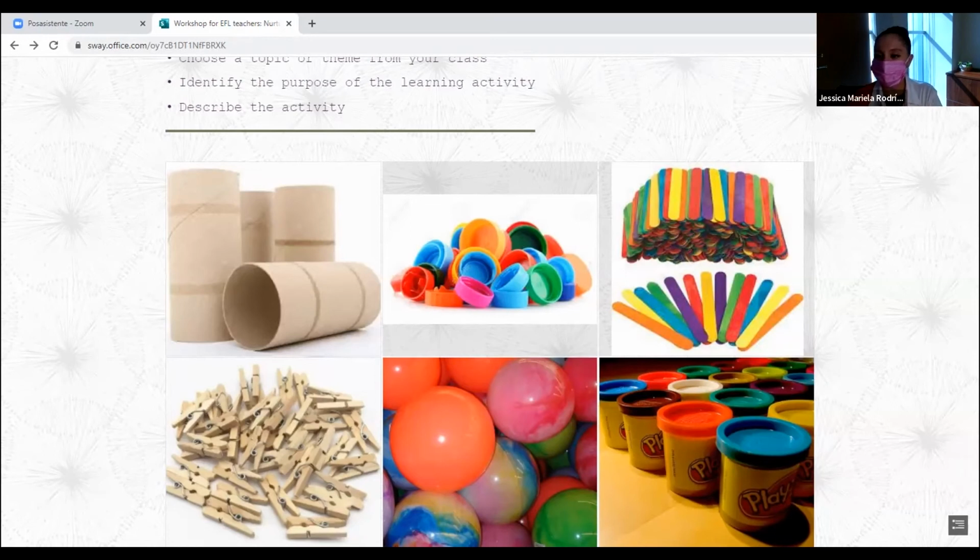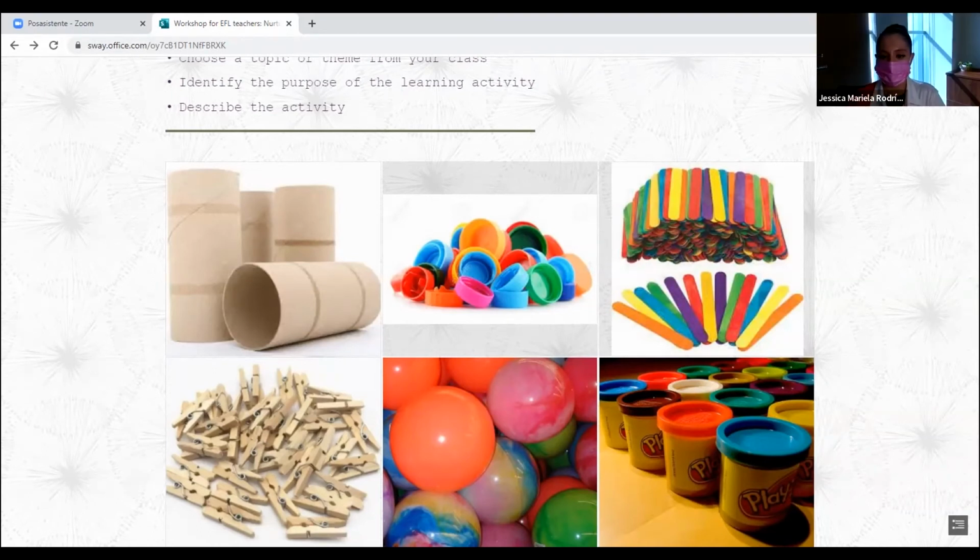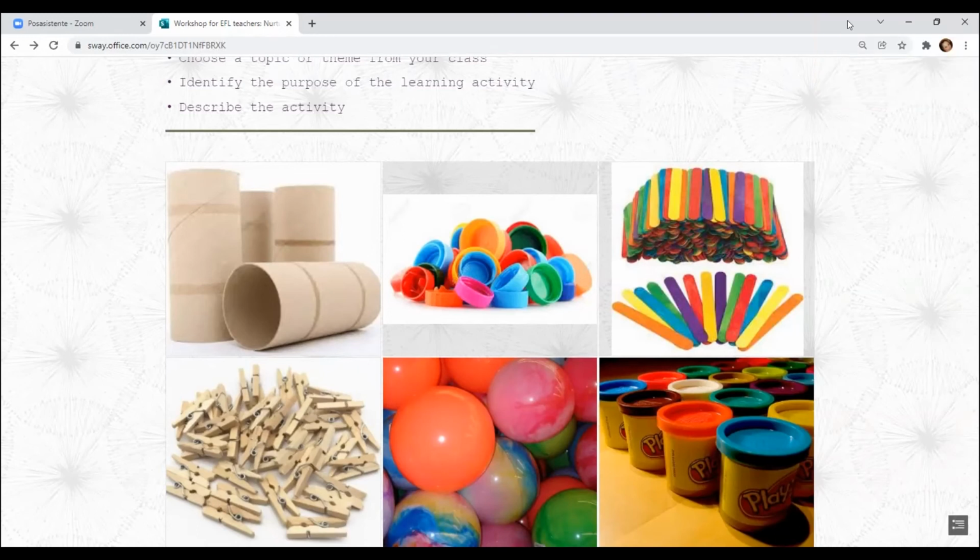All right, Andrea, please help me with the teams. I'm going to do now the breakout rooms. Okay, and you have 10 minutes, teachers. And then we're going to be back and some of you, maybe not all of you, but some of the teams are going to share the created activity for your class.